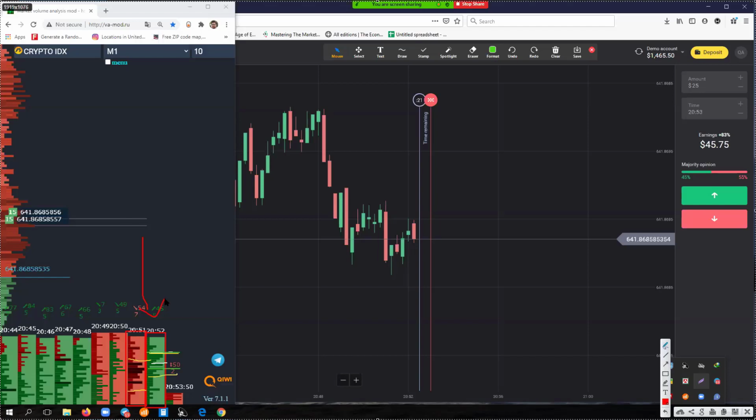Here, in the yellow lines. So the market is in downtrend.